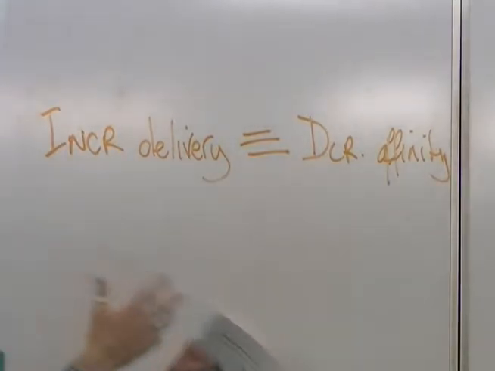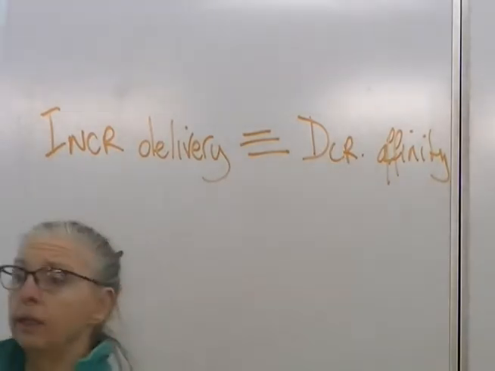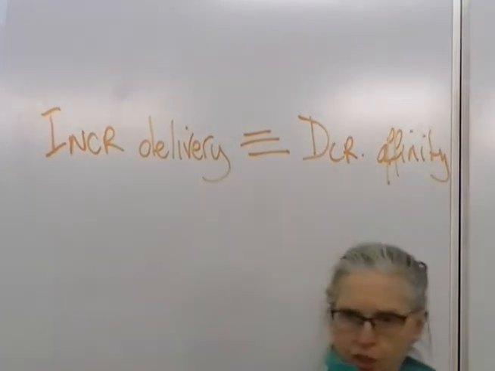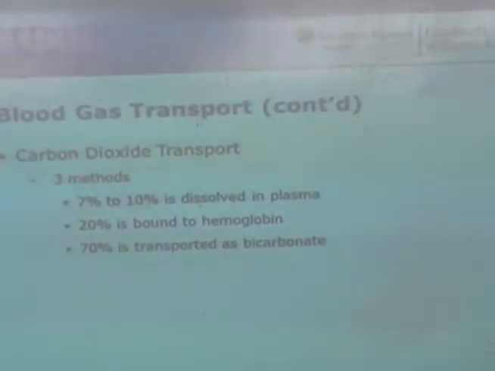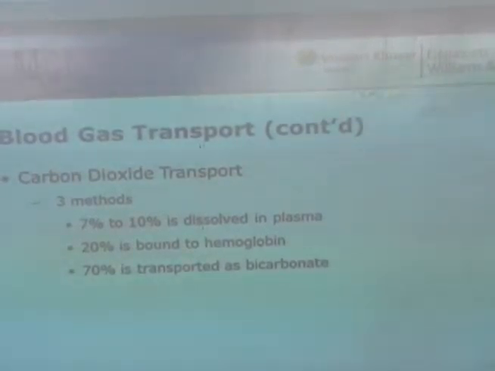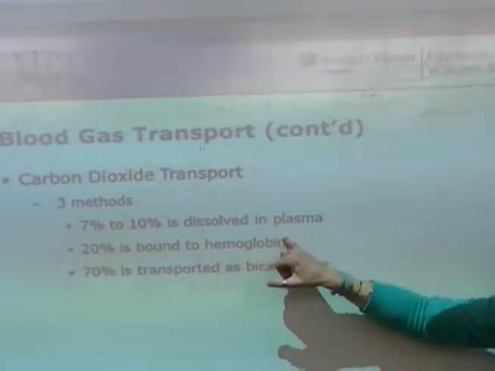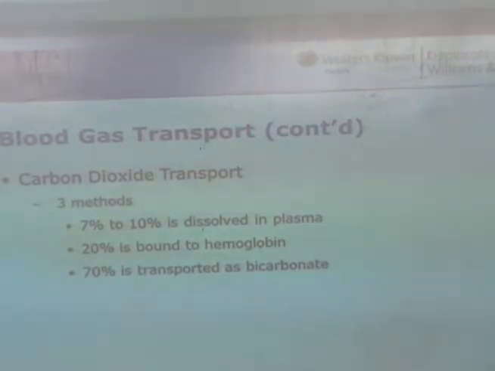So I deliver the oxygen to the muscle tissue. If the muscle is working aerobically, it is going to be creating carbon dioxide, which needs to be removed, because it's not useful. So we have three mechanisms for moving that carbon dioxide from the working muscle tissue back to the lungs so that we can breathe it out. A little bit of it, not very much, can be dissolved in the plasma.